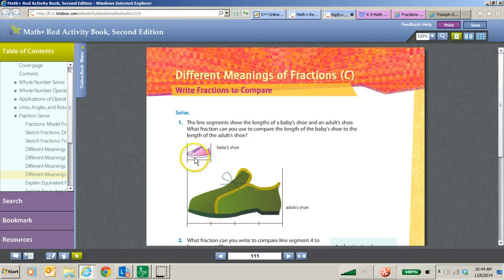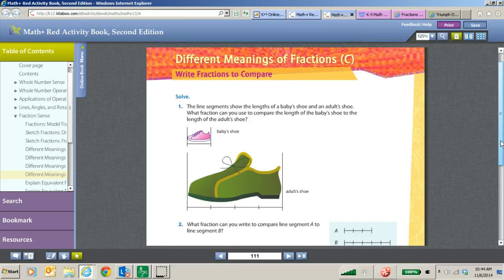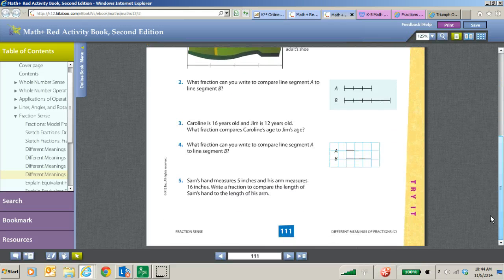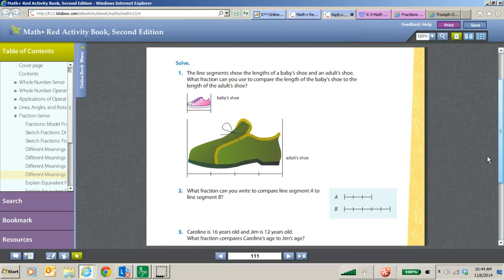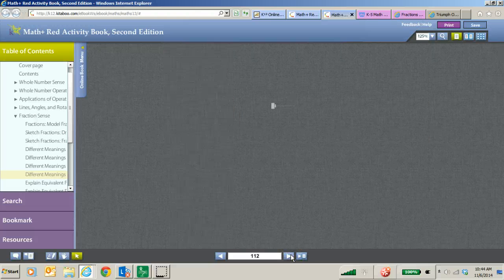This baby shoe is only 1, but this shoe is 4, so this baby shoe is 1/4. If we were comparing the big shoe first, it would be 4/1. So that would be the tricky part. But again, this is a little more of an enrichment activity, so I would definitely just work through it with your child as you go through that lesson.